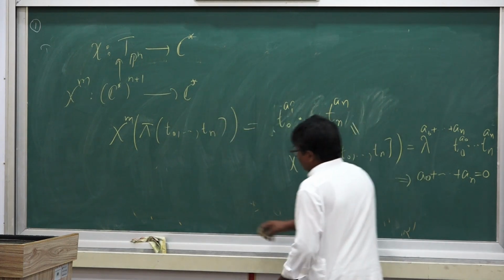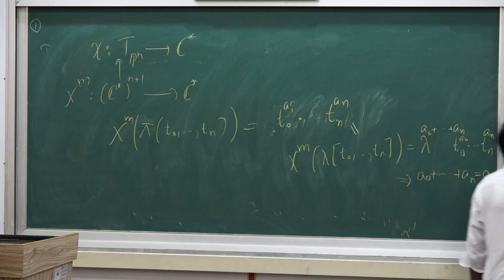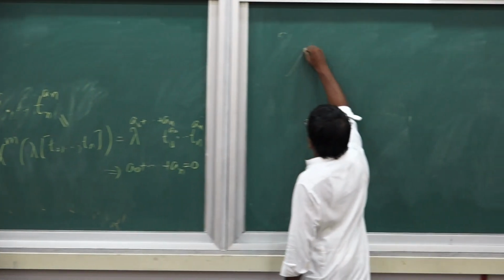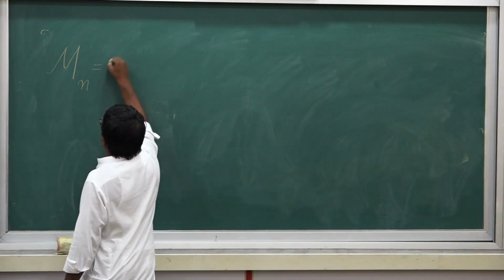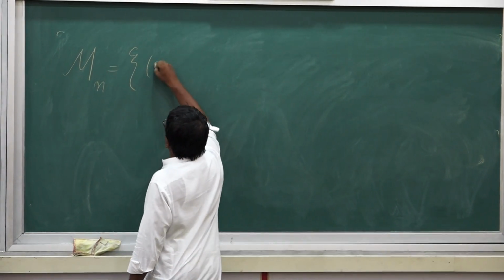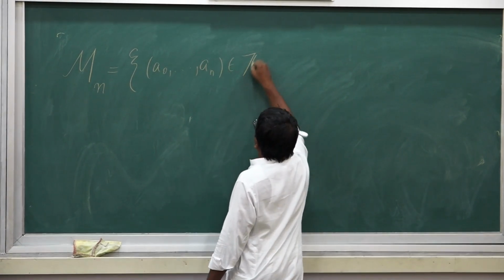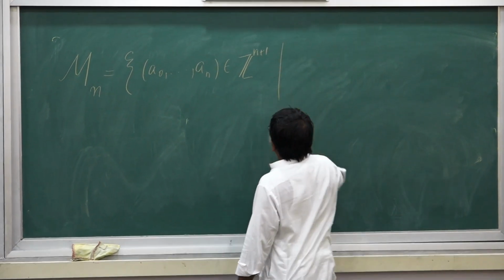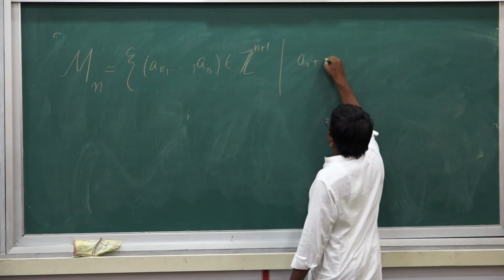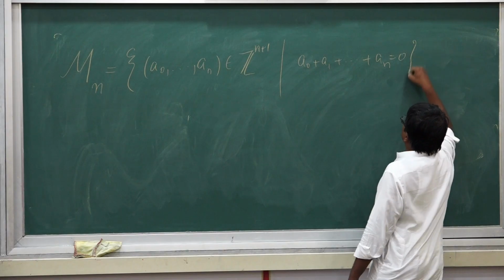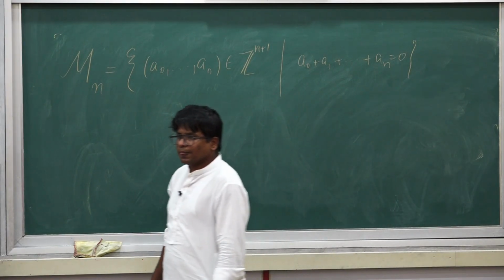So the corresponding character group, let's call it Mn, is all A naught up to An in Zn plus 1 such that A naught plus A1 plus An is equal to 0.